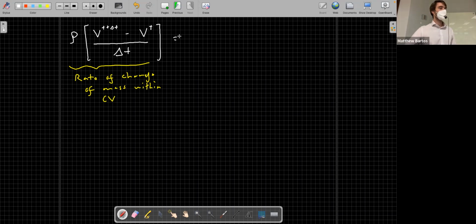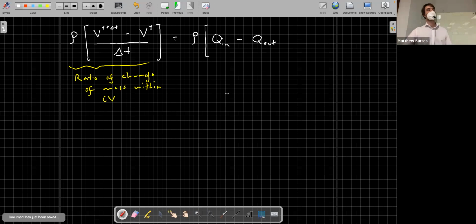Okay, and we know that this has to equal the mass flow rate in minus the mass flow rate out. So that will be equal to our density rho times quantity Q in, our flow into the control volume, minus Q out. And is there anything else I'm missing here? The lateral, right?